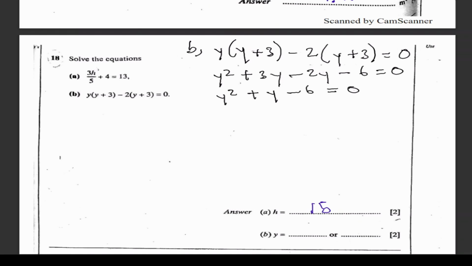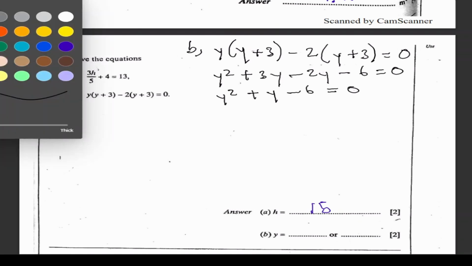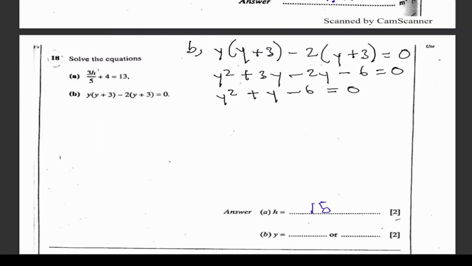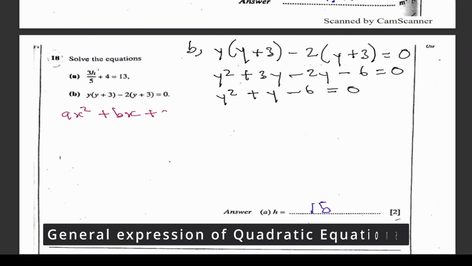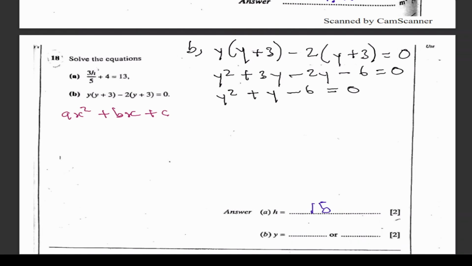How do we factorize? To factorize, you should make sure that your question is arranged in this order: ax squared plus bx plus c. Start with the term with x squared, then the term with x, and then a number, just a constant.